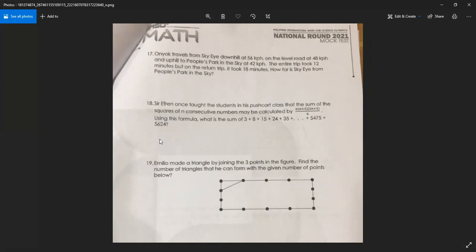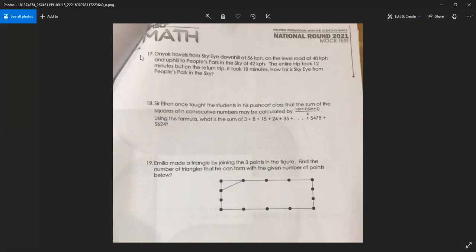Notice this one. How can we use the formula if the given numbers are not actually square numbers? Observing the given numbers, they are actually related to square numbers.